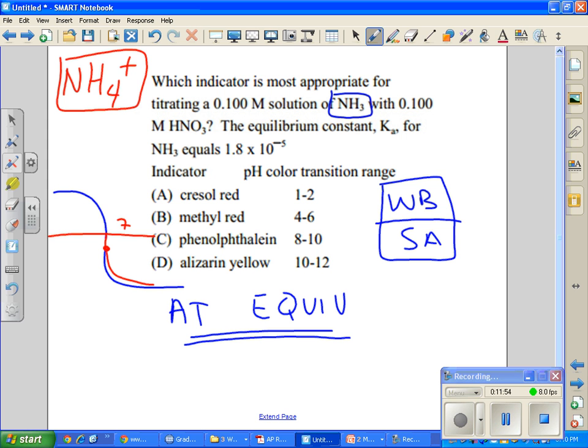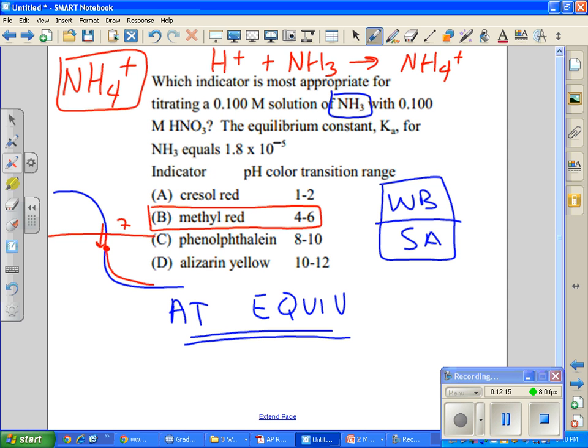Because when you cancel it with H+, the reaction is a strong acid reacting with NH3. I'm going to get NH4+, the salt of a base. A positive ion acts as an acid. So at equivalence, it's going to be a little bit below 7. That's why my correct indicator for my titration would be methyl red, because of a pH of about 4 to 6. That's when you get your color change.